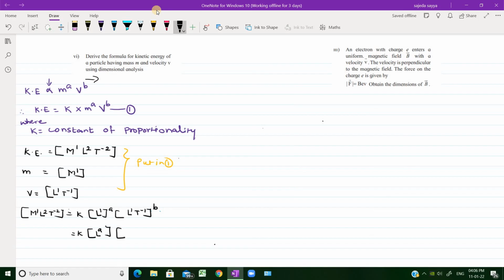L raised to 1 into b is L raised to b, and T raised to minus 1 into b is T raised to minus b. On writing in the simplified form, we get this equation as M1 L2 T raised to minus 2 equals constant.